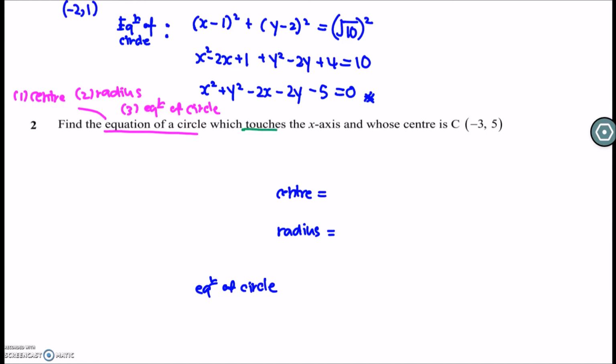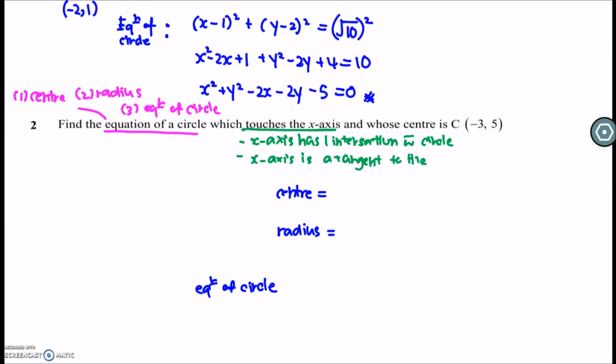So what does it mean by the circle touches the x-axis? It means that the x-axis has one intersection with the circle, or we can say that the x-axis is a tangent to the circle.